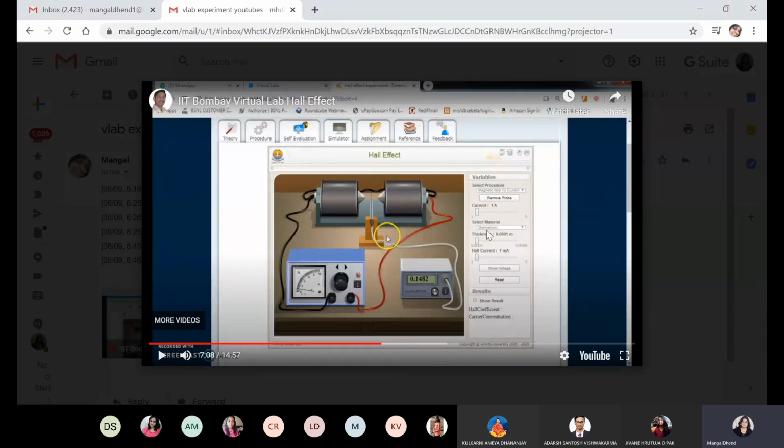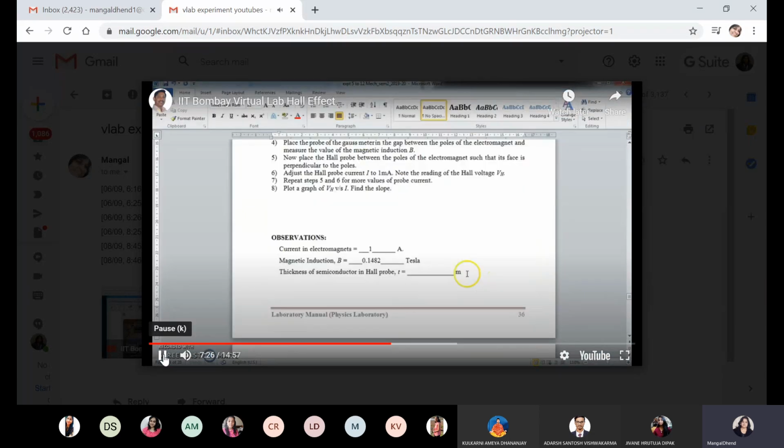Okay. So you can select the material here. A choice is there for germanium, then another material. You can see now what is the Hall current present between the pole pieces of the magnet for a current of 1 ampere. So we are going to keep the current constant at 1 ampere so that the magnetic field between the pole pieces also remains constant. Okay, next thing, the thickness of the semiconductor is 0.0001 meters, so that also you can put over here.